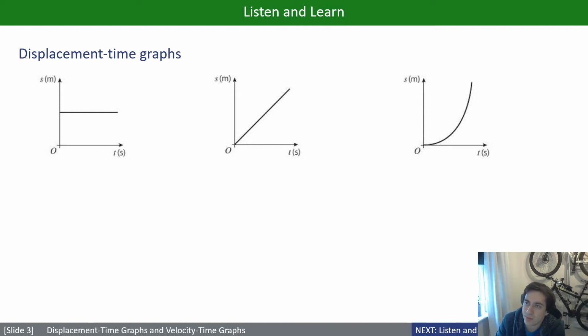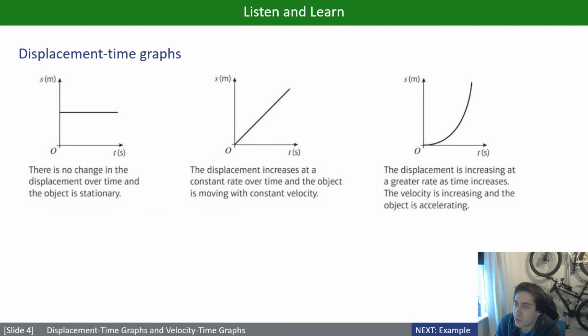Okay, let's take a look. So it's a bit wordy, but let's just sum up. In the first case, there's no change in the displacement over time. The object is stationary. That's the key word, stationary. Which makes sense, right? Because no matter what time you're checking, whether it's at the start or at the end, this displacement value is the same throughout. So a stationary object is an object that's not moving at all.